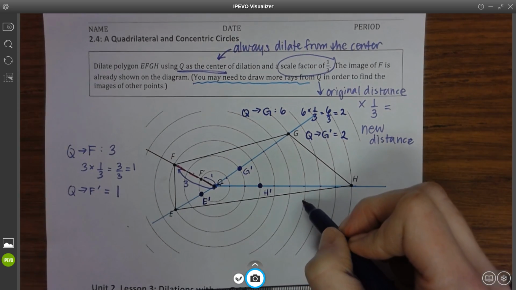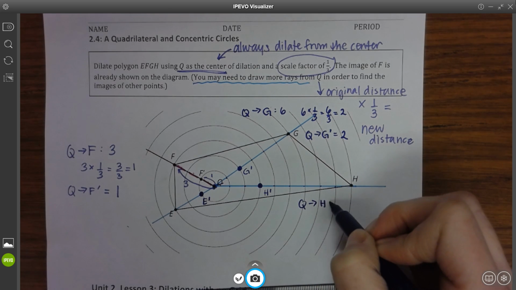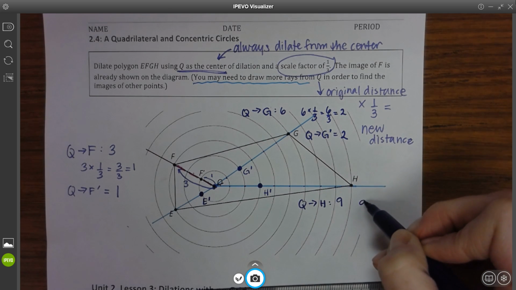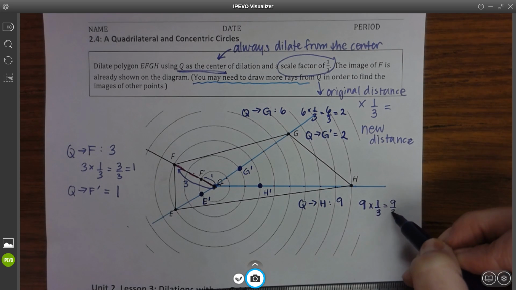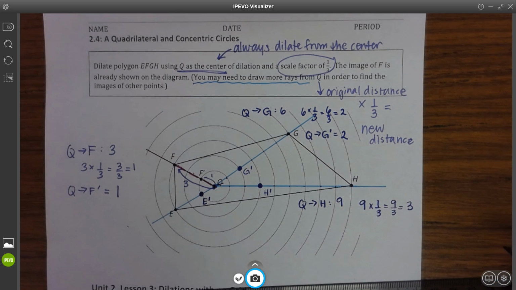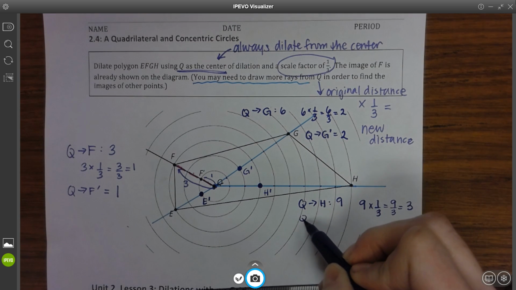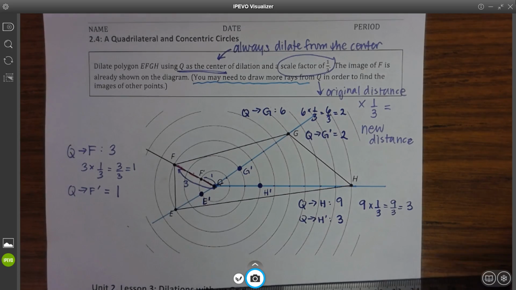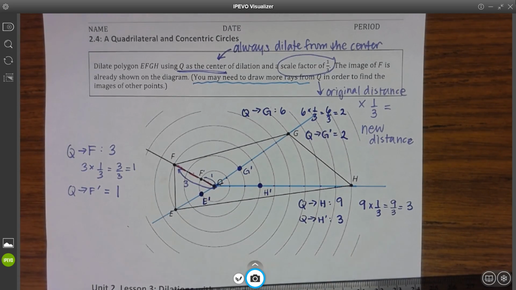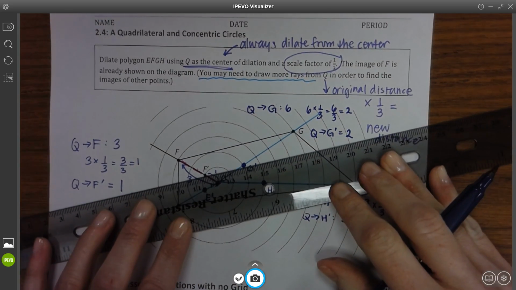If you want to do the math, Q to H was 9. 9 times 1/3 is 3. So Q to H prime is going to be 3 units. Then we're going to connect our points.